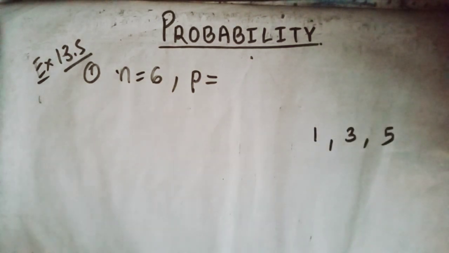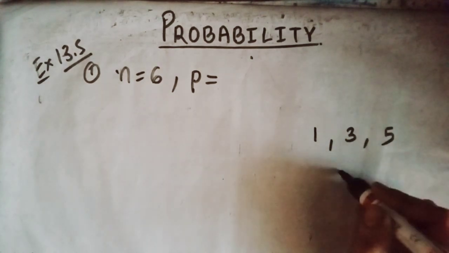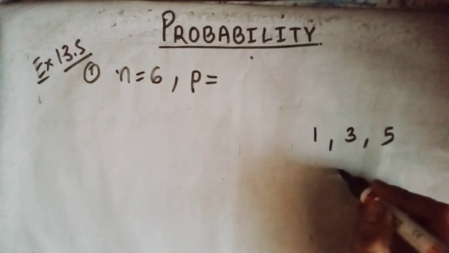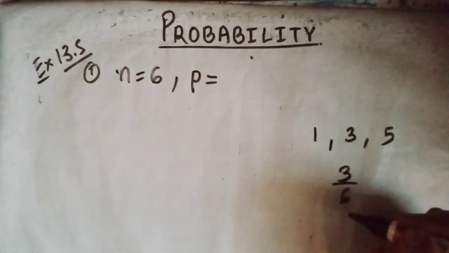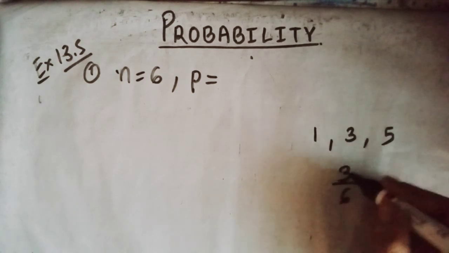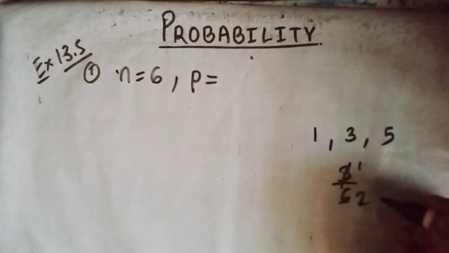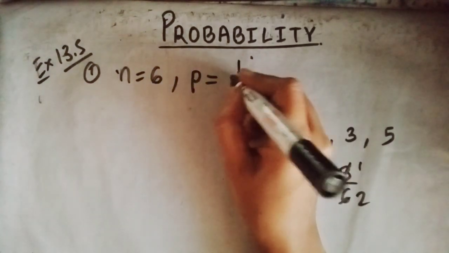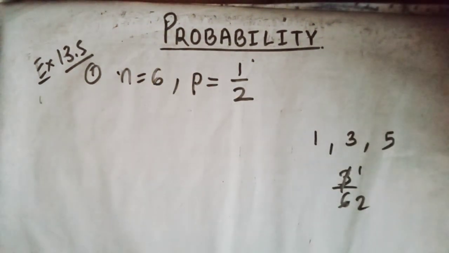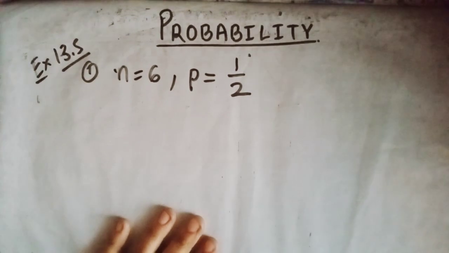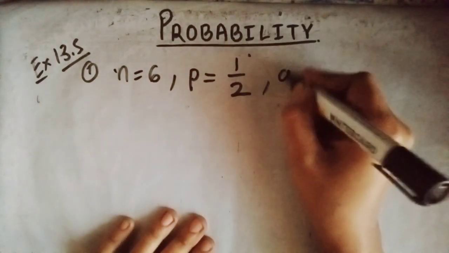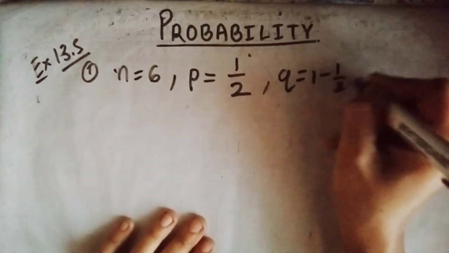So the probability of getting an odd number will be 3/6, so it will be half. So p is half, and q will be again 1 minus half, which is half.